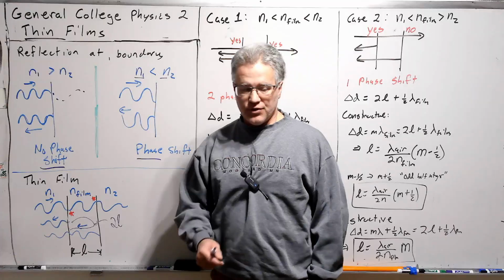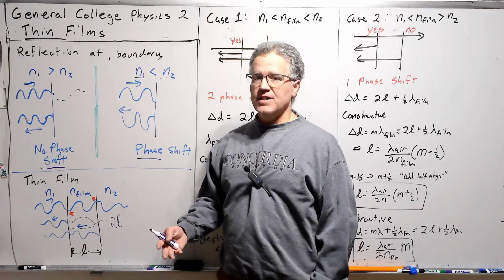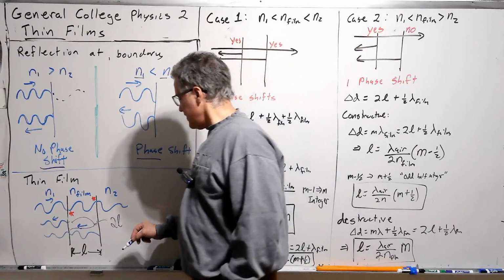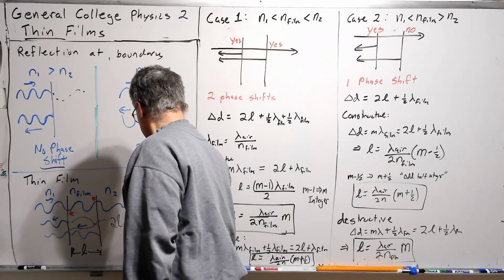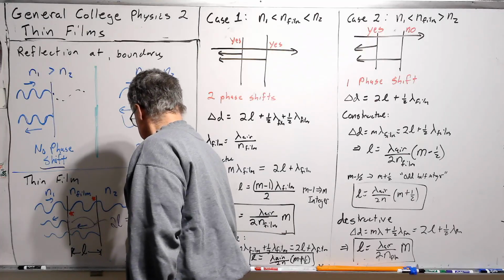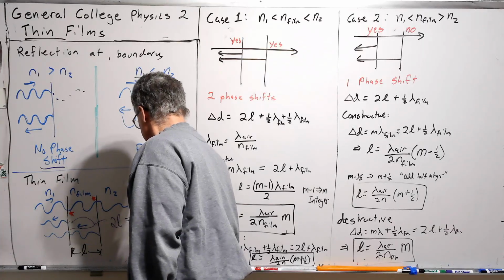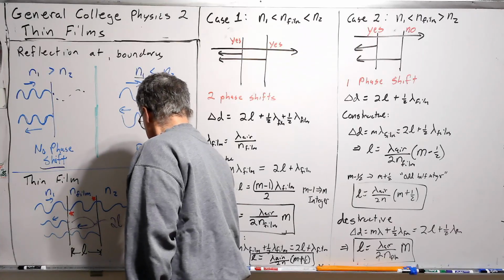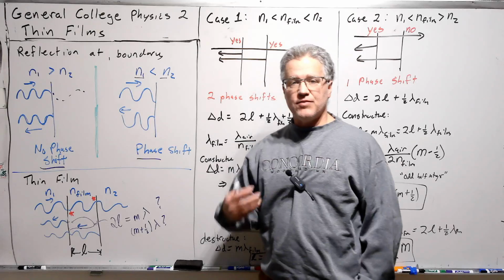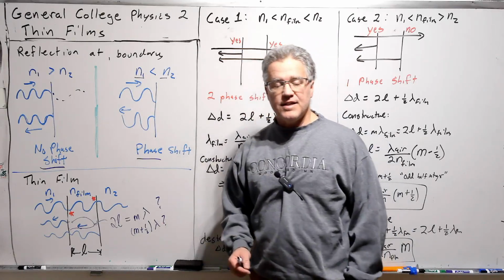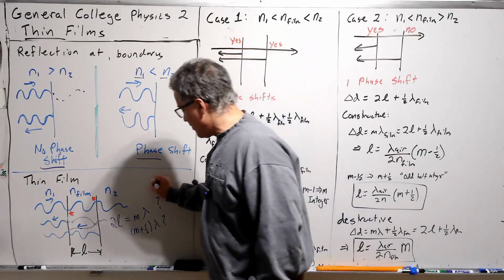If there were no phase shifts, then we just ask whether they are in phase or out of phase. That is, does this distance differ by an integer wavelength or an odd half-integer wavelength? If it differs by an integer wavelength, then we get constructive interference. If it is by a half-integer wavelength, we get destructive interference.